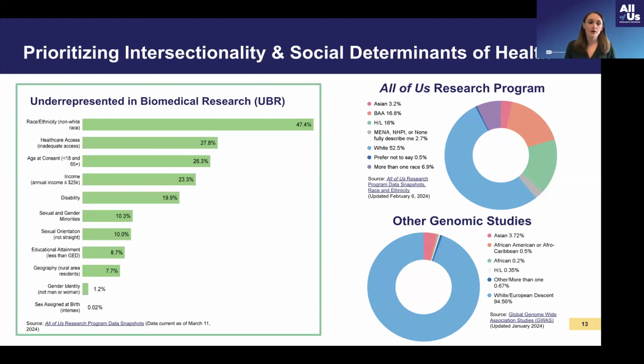I will say that one of our key tenets is to have an underrepresented in biomedical research percentage of 75% or more. Ours is actually closer to 80 right now. And to really focus on making sure that we have a racial and ethnic diversity of around 50%.